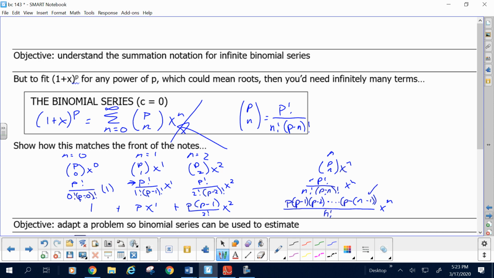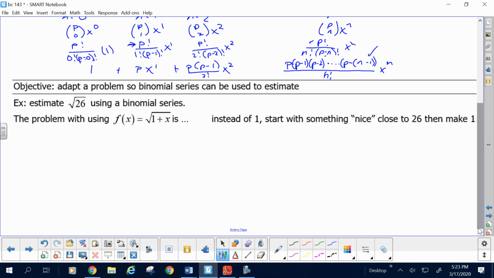It's terrible. Last but not least, and we're going to have to come back to this because this involves a substitution skill we have to talk about still, but we're almost there. So if I wanted to estimate the square root of 26, the problem is that it's nowhere close to 0, and 26 is so far away from 1.